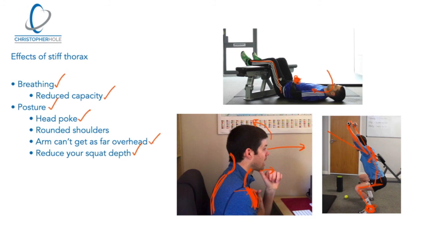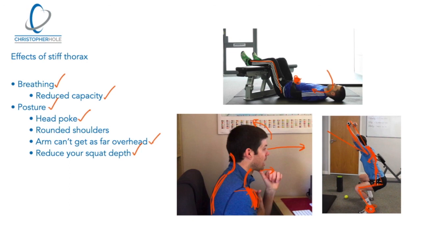So again, if we are rounding through here, a part of that rounding, because not only have we got rhomboid which attaches into the thoracic spine, we've got the very top fibers of the psoas, which is going to attach into the thoracic spine.